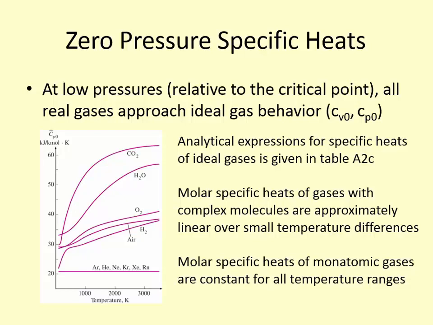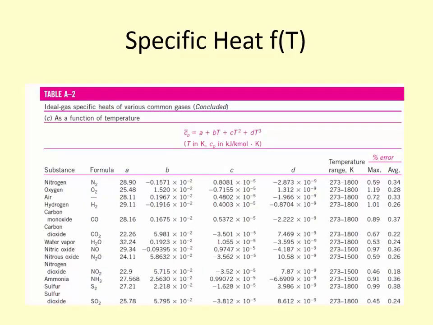And for most other gases, even if they're not constant, they're fairly linear over small temperature differences. So if we know our temperature interval and we know that it's small, there's an approximation that we can make to determine some average specific heat value.